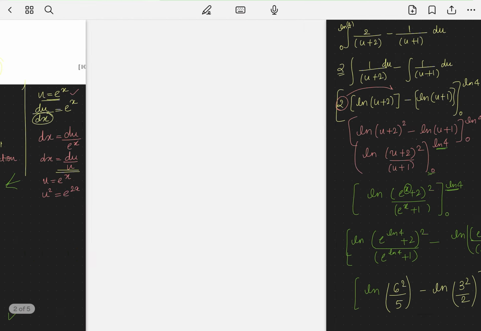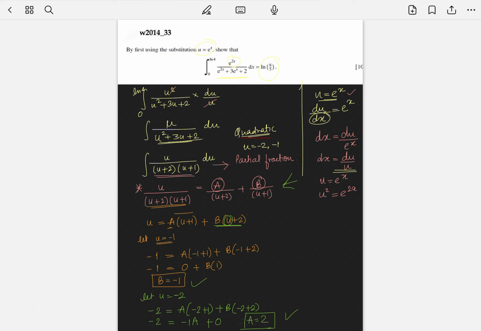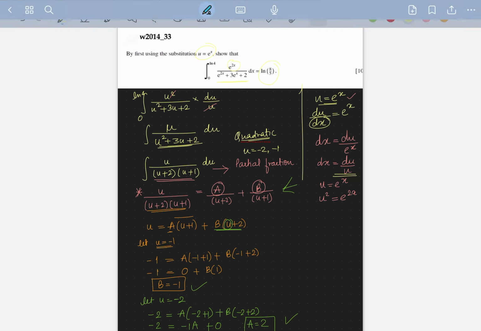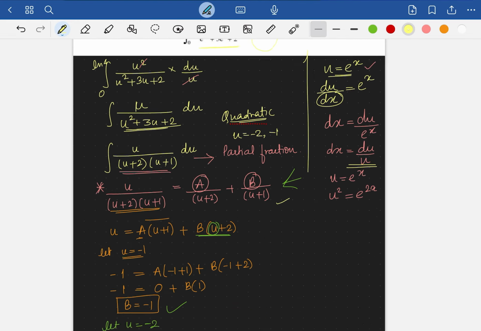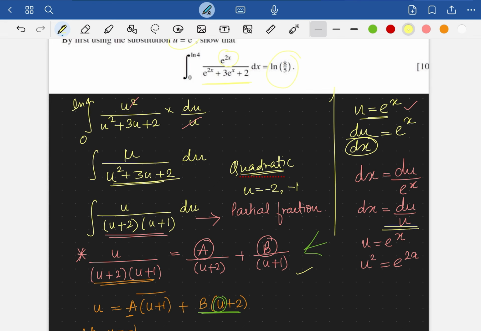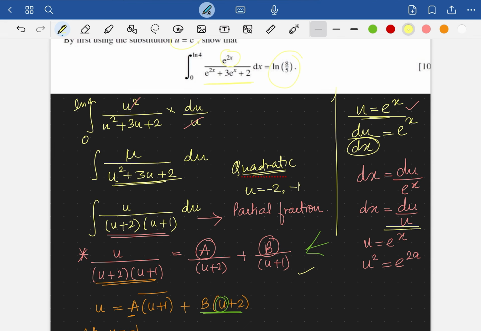Now in this, what did we learn? We learned that in integration by substitution, you might encounter other topics as well, like partial fractions. So you have to be clear with the partial fractions topic as well. And in substitution, the first thing is whatever values we are assuming, in this case u is equal to e to the power of x, we have to differentiate it.